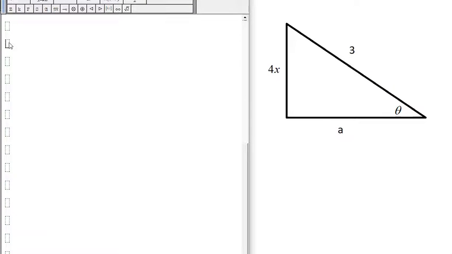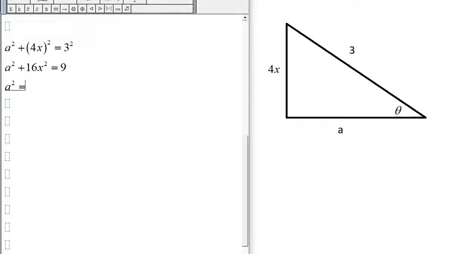From the right triangle, we have a squared plus 4x squared is equal to 3 squared. So we get a squared plus 16x squared equal to 9.